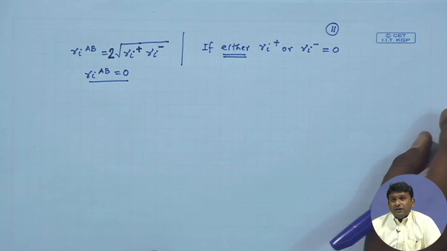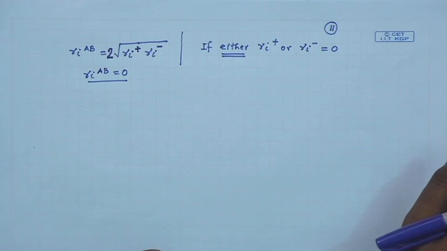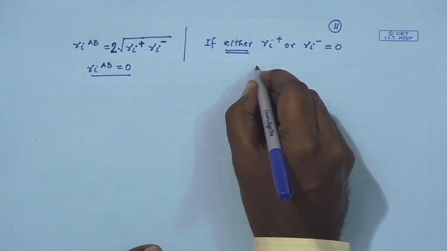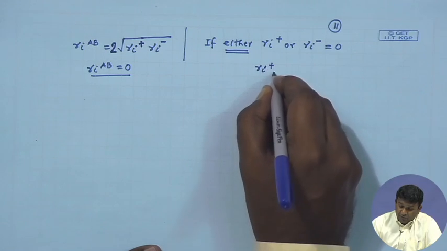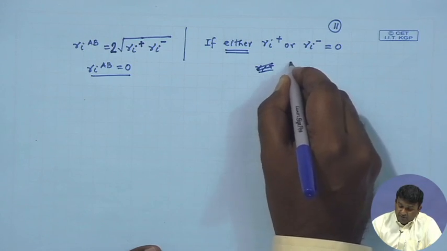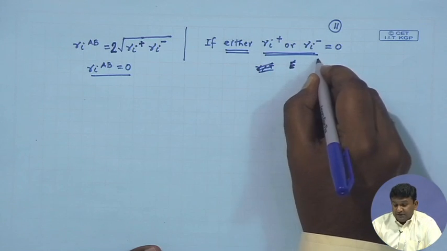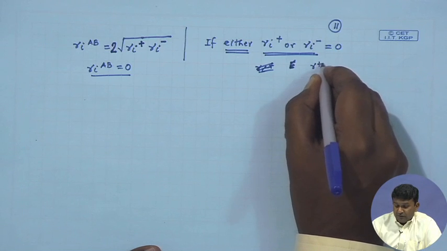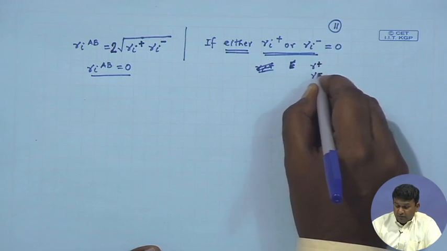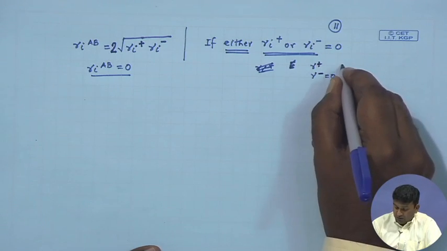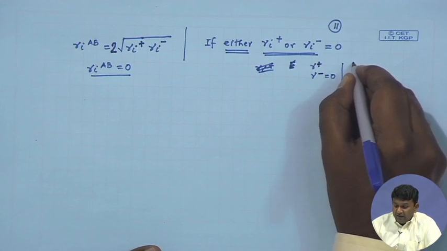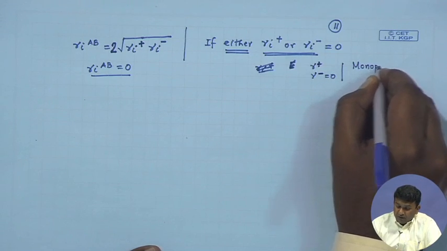You tend to feel that when you calculate the surface tension of this material, there is no effect of the polar component, which is correct. There are lots of surfaces or materials which obey this condition. There are many surfaces where, for example, gamma plus is non-zero but gamma minus is 0, or the opposite is also true, and these are in fact called monopolar surfaces.